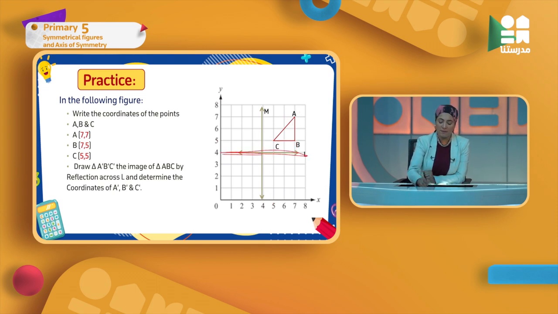So I will draw my reflection around this axis, and my triangle will be flipped down. Here it'll be 1 unit away from the L, so B dash will be 1 unit away from the L. The C is the same. A is 3 units away from the L on the number 7 on the x-axis. So as you see, this is our reflection.